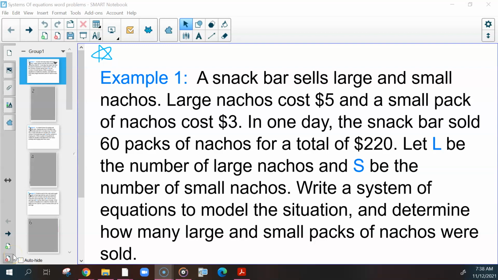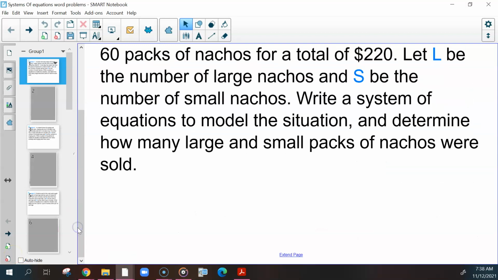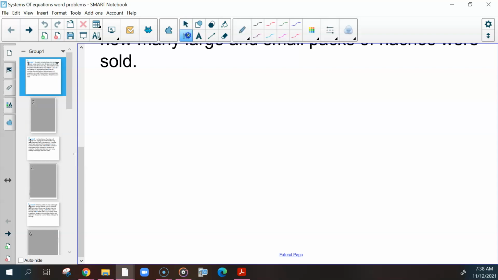We started this problem, and I'm going to rewrite the equation we have.